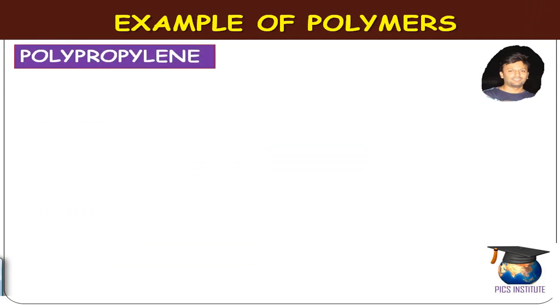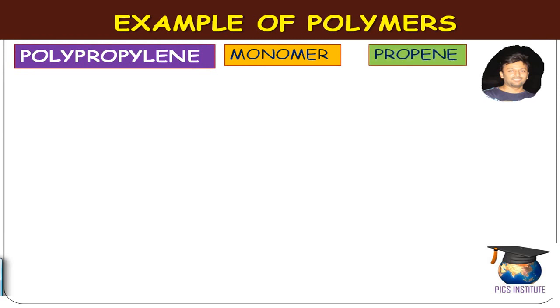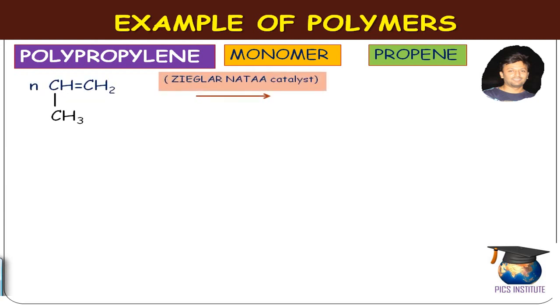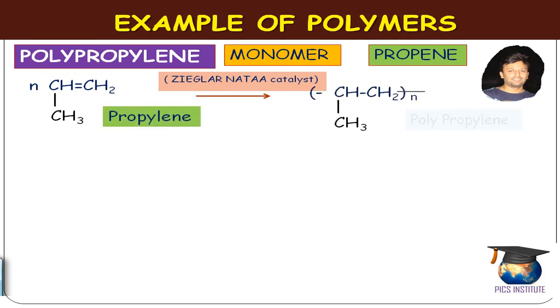The next polymer is polypropylene. The monomer is propene. The reaction can be represented as propene on polymerization in presence of a catalyst gives polypropylene.